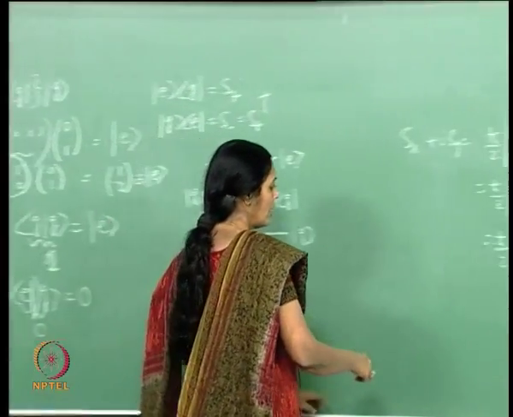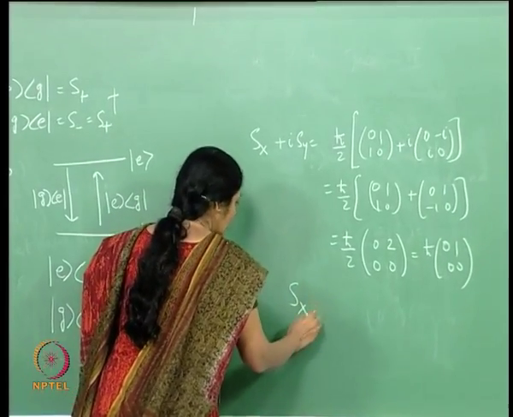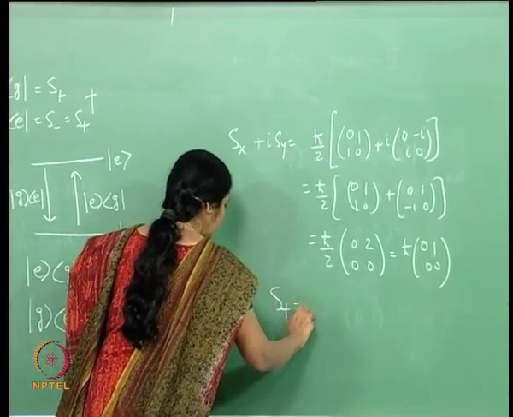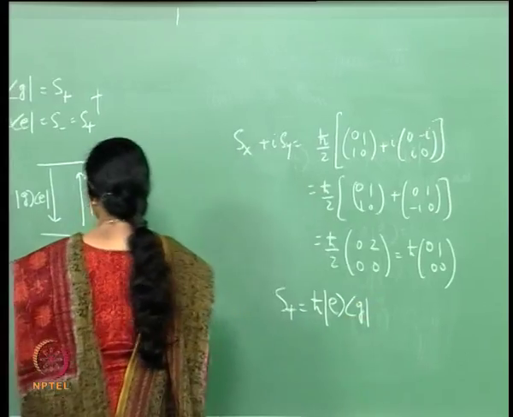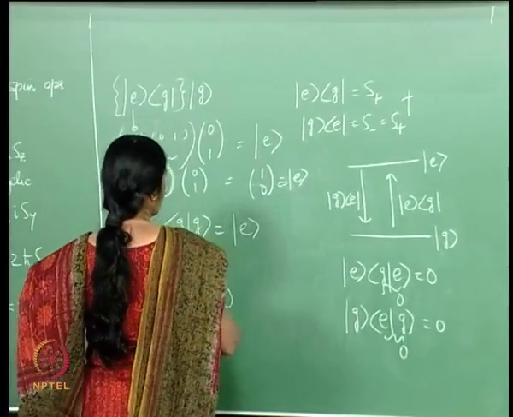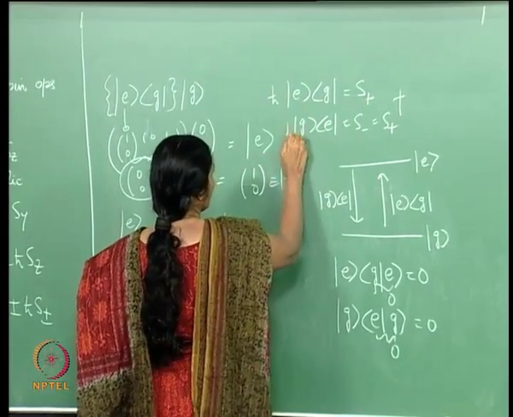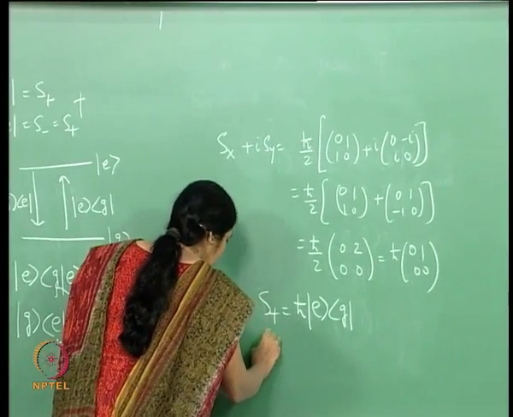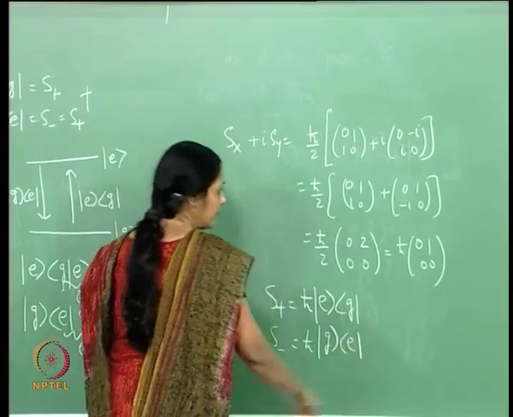And therefore, by a similar procedure, I can find that Sx plus i Sy, which is S plus, is simply H cross |e><g|. So H cross |e><g| is S plus and H cross |g><e| is S minus.